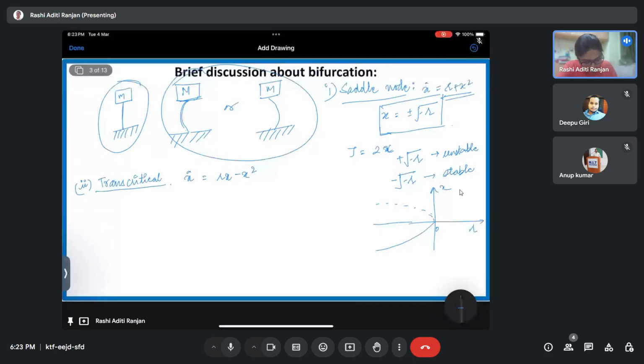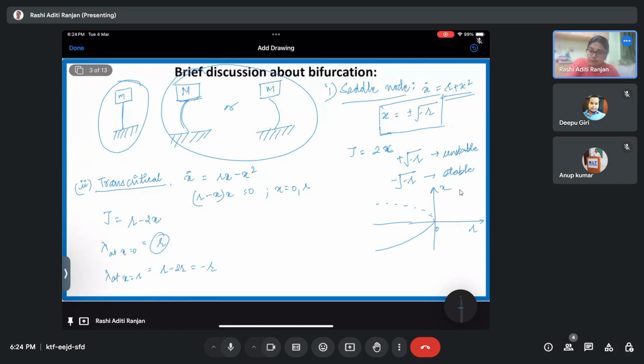If I want to find the Jacobian, it is going to be nothing but r minus twice of x. And if I want to find out the eigenvalue, lambda at x equals 0 is going to be nothing but r, and lambda at x equals r is minus r. So if you see that if my r is less than 0, in that case x equals 0 is stable.